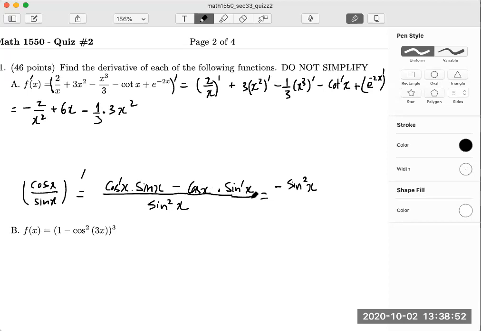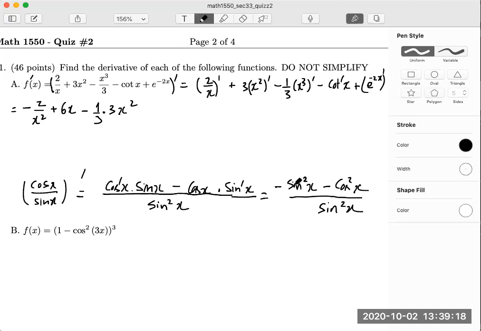Sine derivative gives us cosine, and cosine multiplied with cosine gives us cosine squared. Okay.